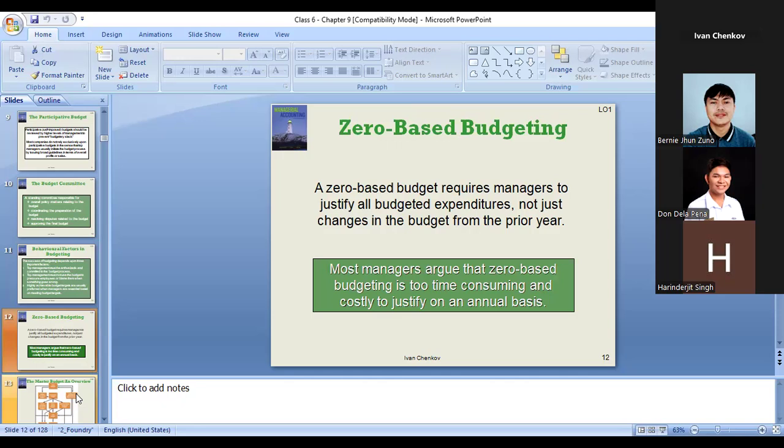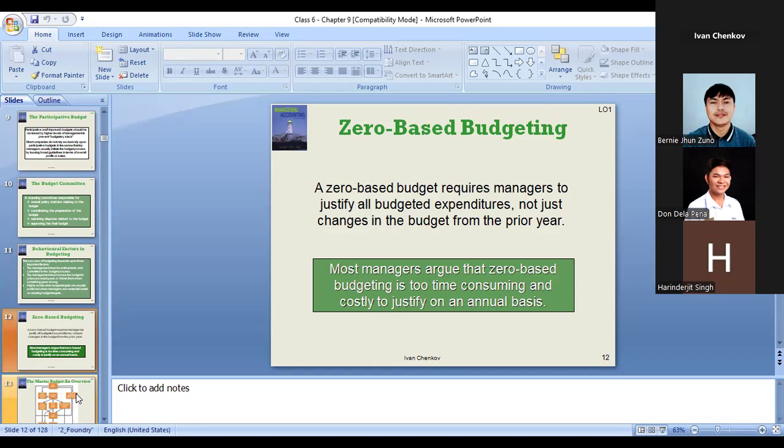Now, with the zero budget, one type of budget was a rolling budget, which always has 12 months. The other option to prepare the budget is starting every year from zero, which might be an interesting thing, but most people complain that it takes a lot of time and a lot of effort from everybody in the company.